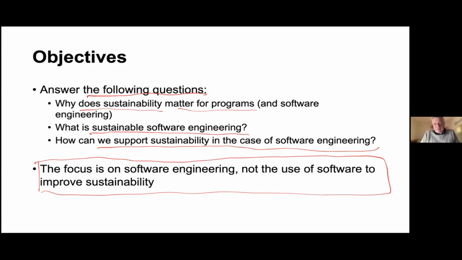Programs are part of software, but software is more, also comprising things like test cases, documentation, requirements, whatever is an artifact that is generated during this engineering process. And this is the difference.